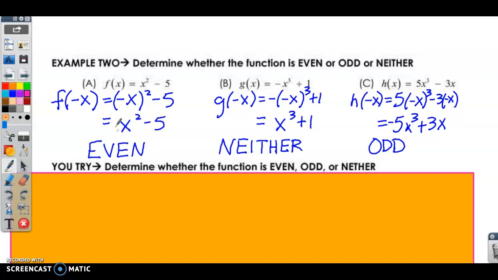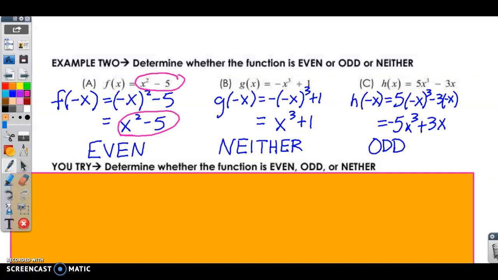When you plug in for A, if I'm trying to find f of -x, I have to plug in -x into the quantity squared, because I have to square the entire -x, including the negative. And negative times a negative makes this a positive x squared, -5. So you see, x squared minus 5, x squared minus 5, they're the same, so that function is even.